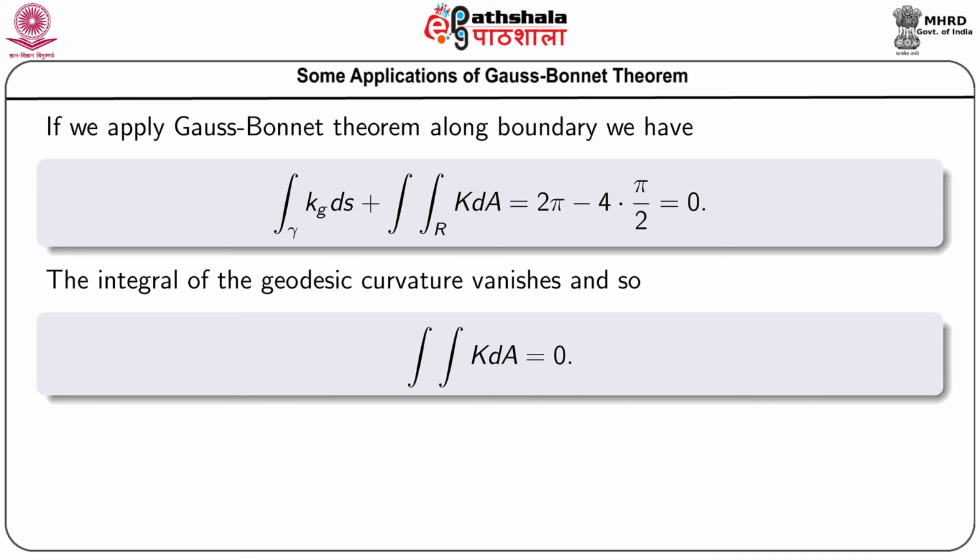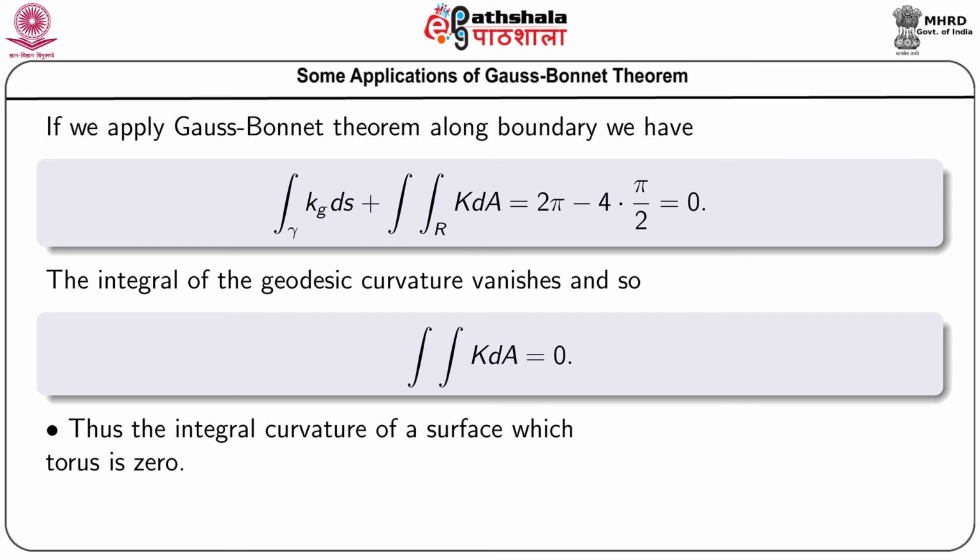Now, the integral of the geodesic curvature vanishes for this type of surface, and so the double integration of k dA equals 0. That means the integral curvature of a surface which is topologically equivalent to a torus is 0.